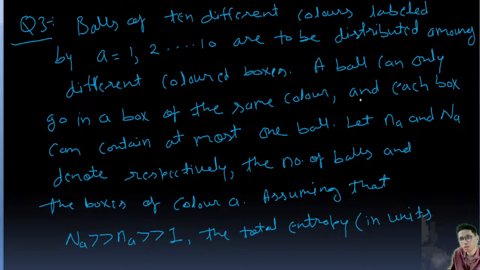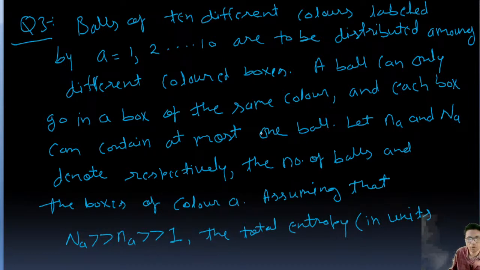And each box can contain at most one ball. So there is no degeneracy, guys. In one box there will be only one ball, the maximum of one ball in a box, not more than one.